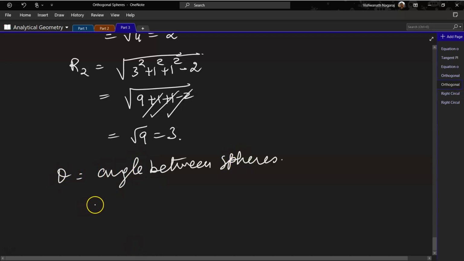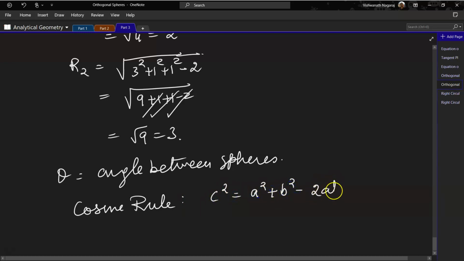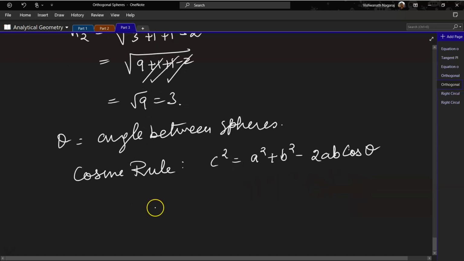And for this, remember, we have the two sides and we have to figure out the angle. So for this, we will be using the cosine rule from trigonometry. c square is equal to a square plus b square minus 2ab cos theta.